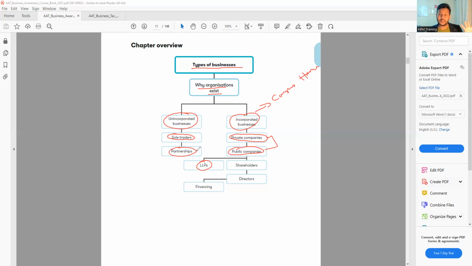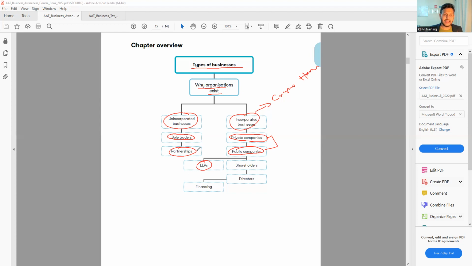If you're an ordinary partnership, you don't have to be incorporated with Companies House. If you are a limited liability partnership, you have to enroll with Companies House, incorporate, get the incorporation certificate, and at that time you will be treated as a limited liability company. And at that time the liability for the partners will be limited and they don't have to bear the unlimited liability.